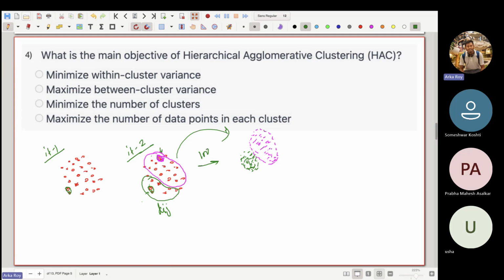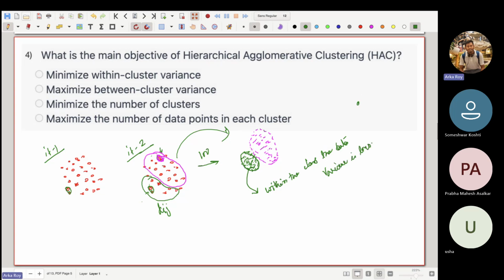Now, in this case, you can see that within a data cluster, all the data are densely packed, which means that within the cluster, the data variance is low.